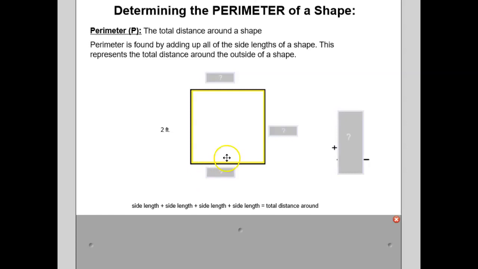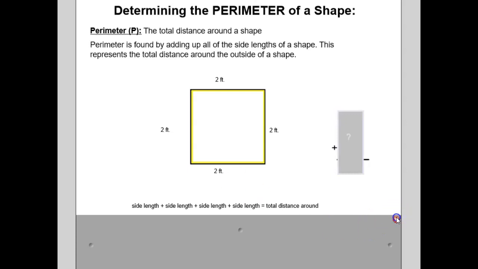Were you able to remember that, of course, each side length would be 2 feet because a characteristic of squares is that all of their side lengths are equal. So to find the total perimeter, what would you do, boys and girls? I'm going to let you find the perimeter of this square on your own.